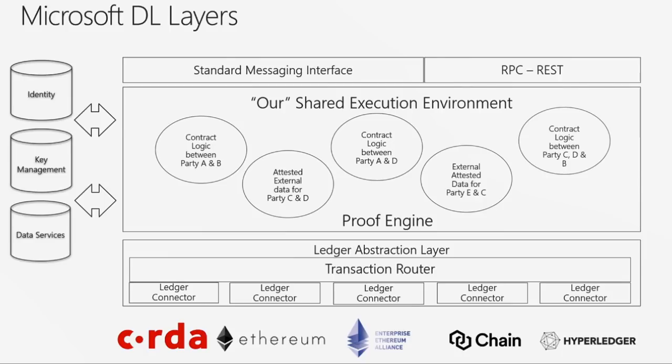So we need key management that we map to identities, and then we need to be able to use those in the cryptlets inside our transactions. Oh, by the way, we want some data services on the side. Blockchains are notoriously bad to query against and do any sort of business intelligence against. So we want to take those transactions and move them to a data lake or a SQL server or something like that so we can reason over them.